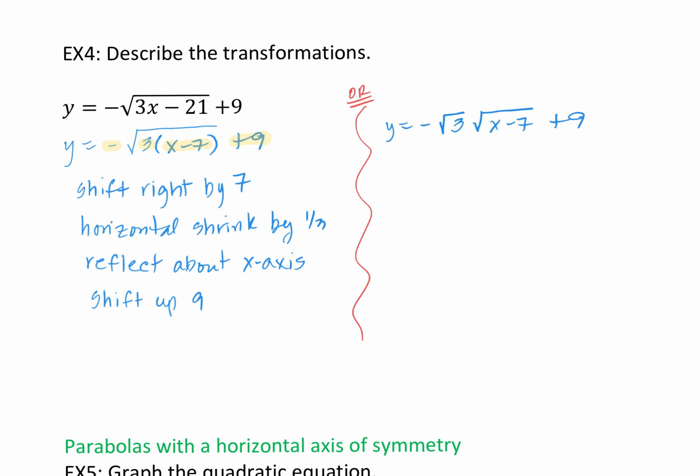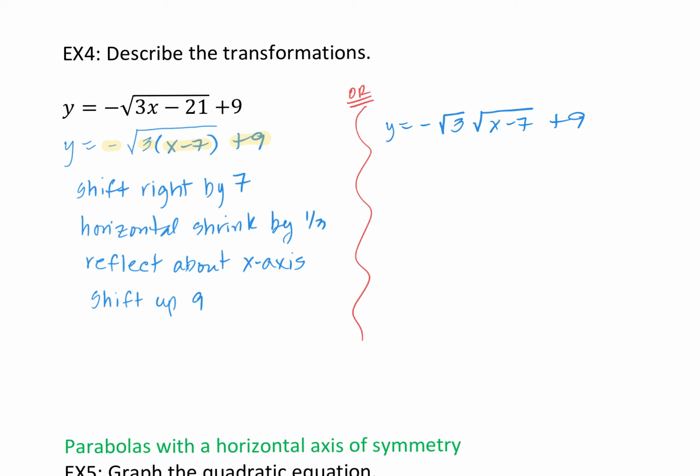But now that I've pulled that square root of 3 out from the square root of x minus 7, that's our function with the x. So once that's done, that square root of 3 on the outside is just affecting the y value. That changes from a horizontal stretch or shrink to a vertical stretch or shrink because we've moved that number out from underneath the square root function.